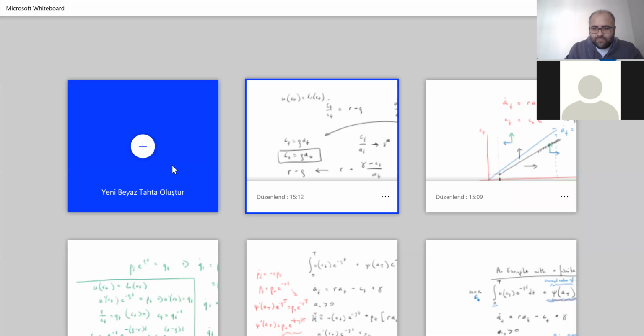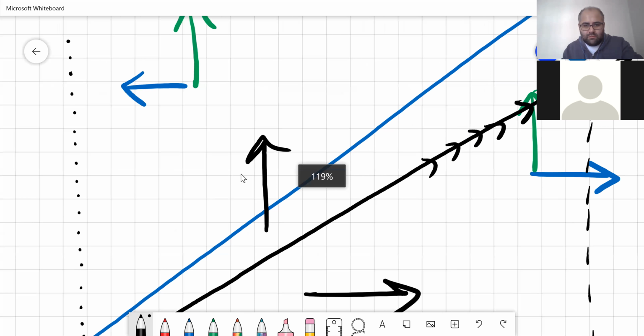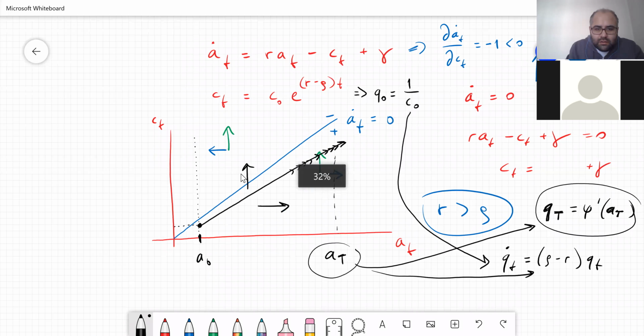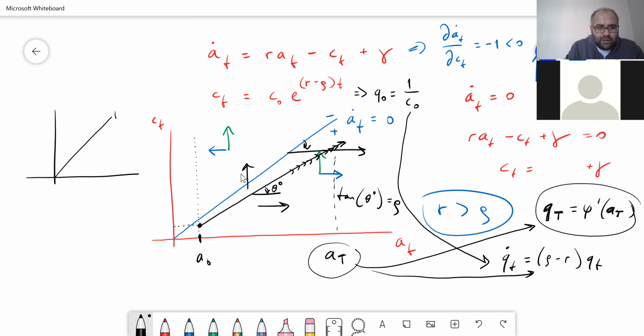So the slope of this figure is rho. If there's this theta angle here, it is equal to rho, and the slope of this, of course, is equal to r, as you know, because this is basically CT equals RAT.